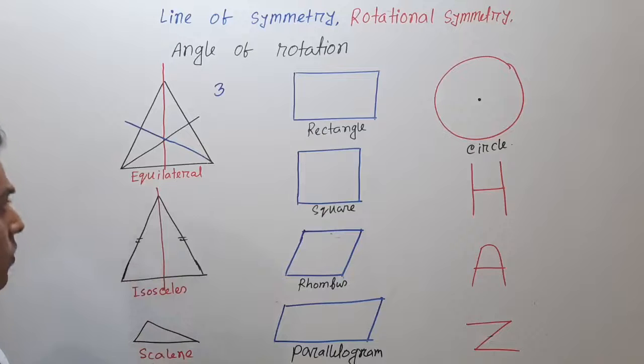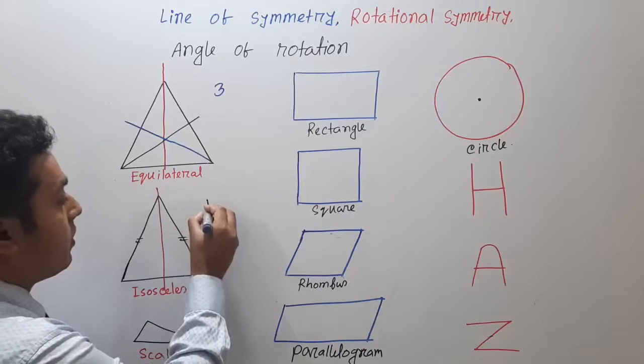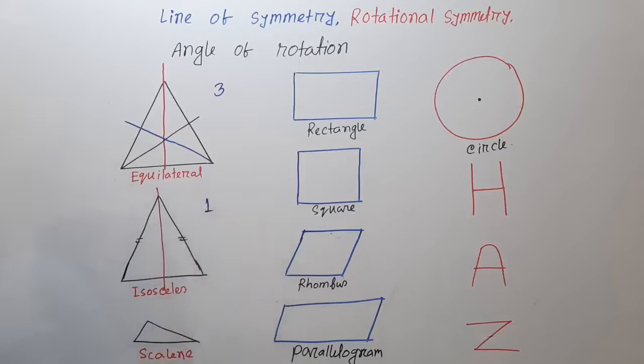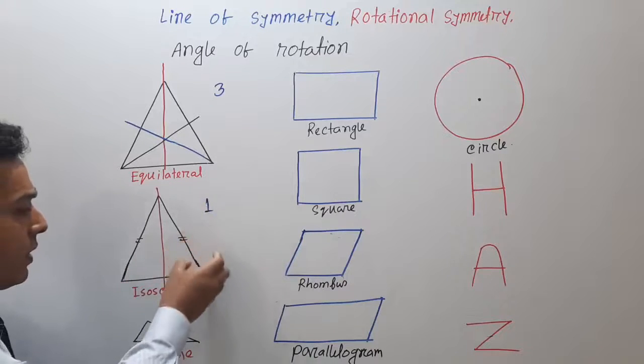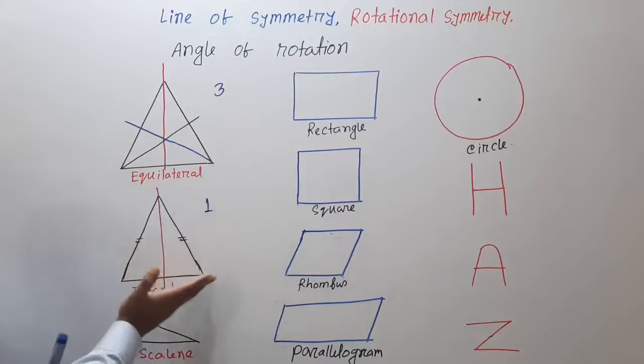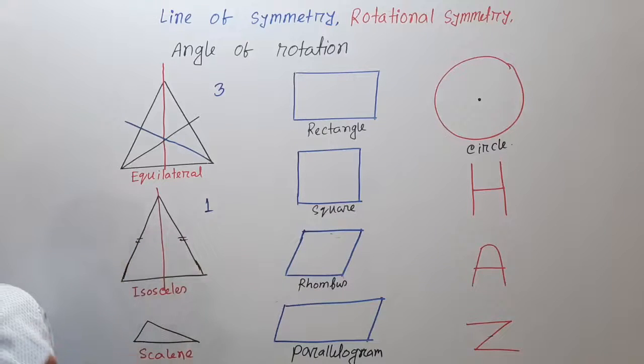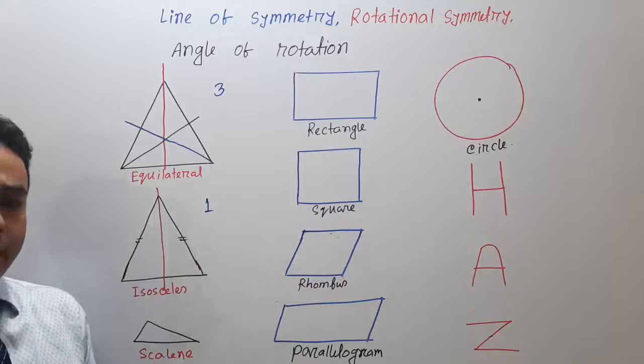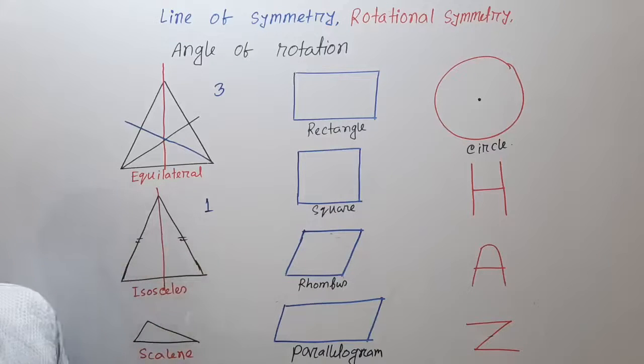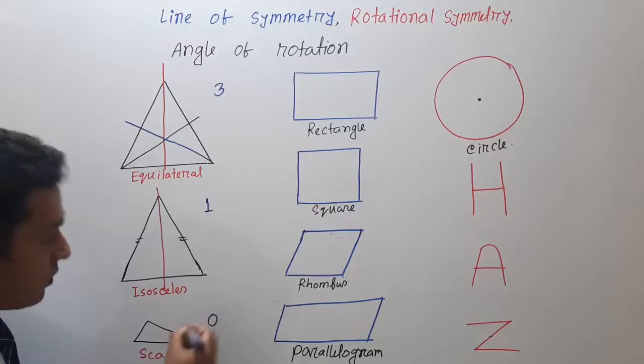There is no other line of symmetry, because according to another line, this portion and this portion do not exactly overlap each other, so it has one line of symmetry. The scalene triangle has no line of symmetry, so its line of symmetry is 0.